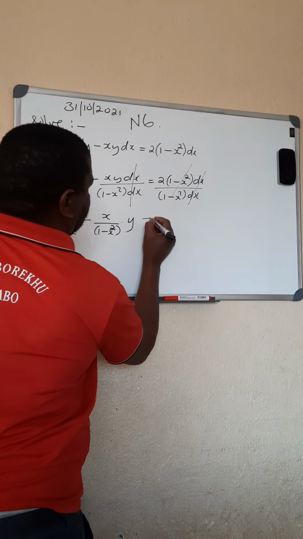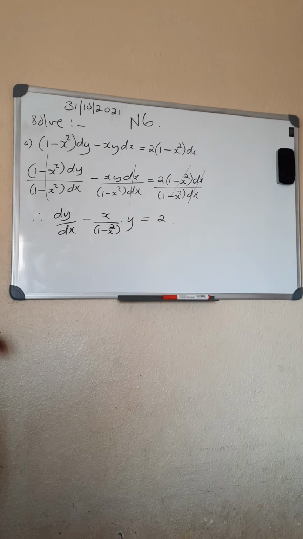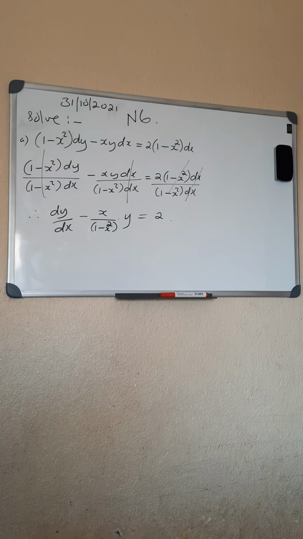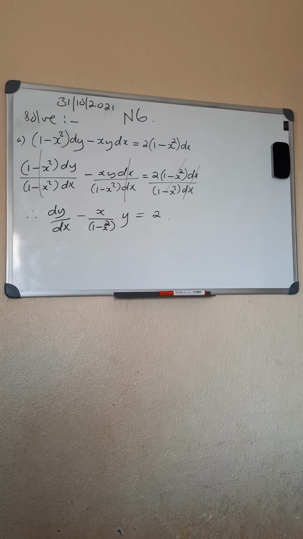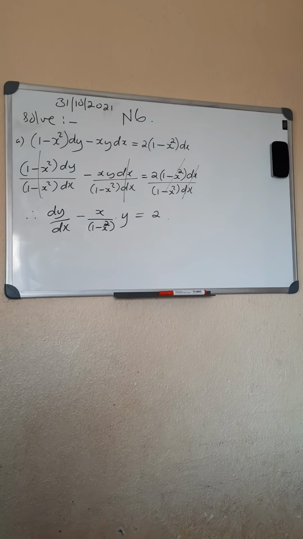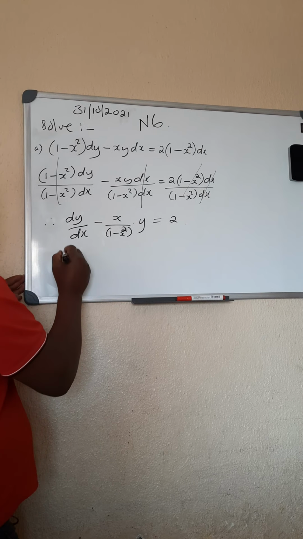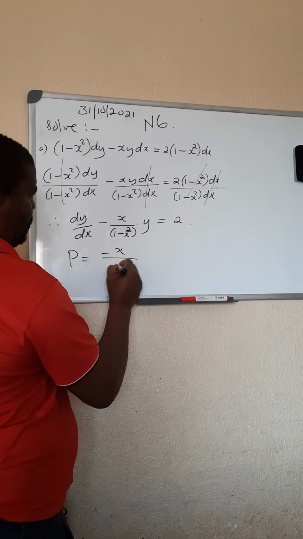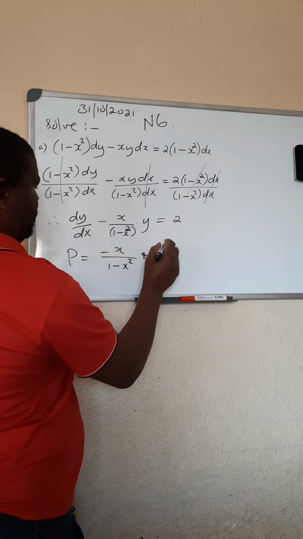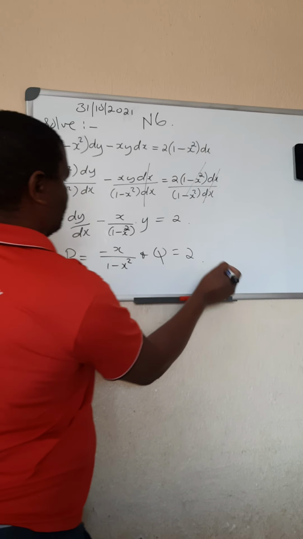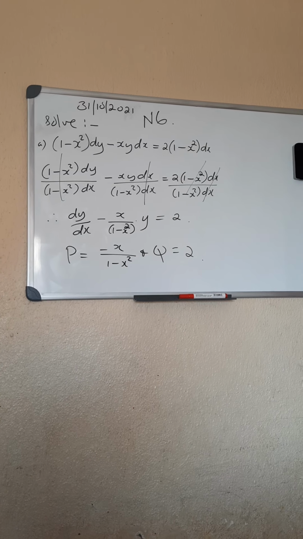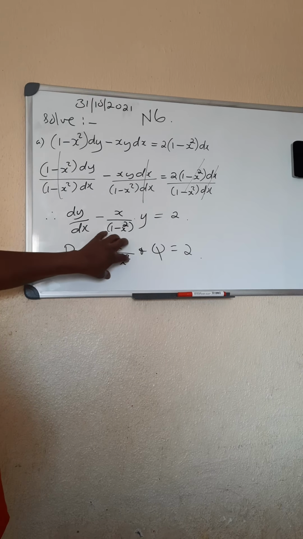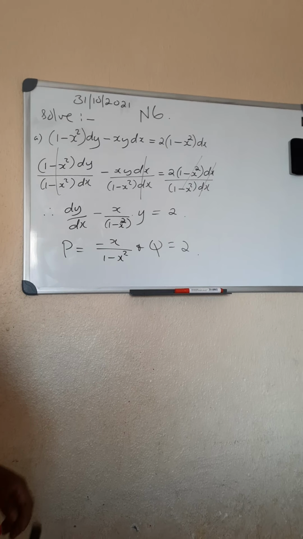Yes, and this equals 2. So this is the standard form. What is P? P is minus x over 1 minus x squared. And what is Q? Q is 2. Now this P multiplies the y.